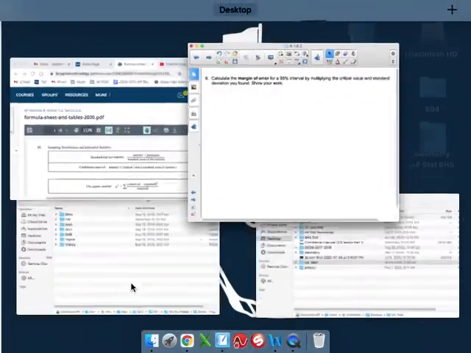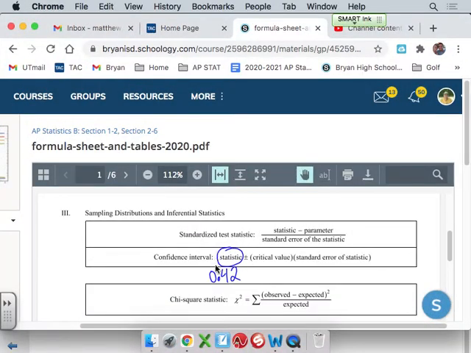All right, on our formula sheet, I have my point estimate, my statistic. Now I need to plus and minus a margin of error. If you remember, a confidence interval is you get a point and then I want a wide range of values, so I plus or minus a certain distance.